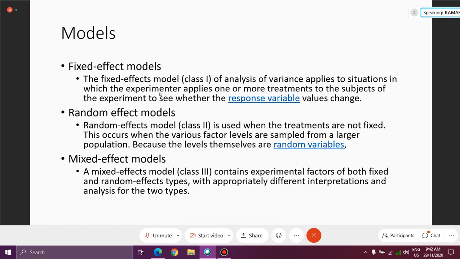Maybe you have 100 in group A and you took 20, maybe you have 100 in group B and you took 30, maybe you have 100 in group C and you took 50. So that is random effect models.